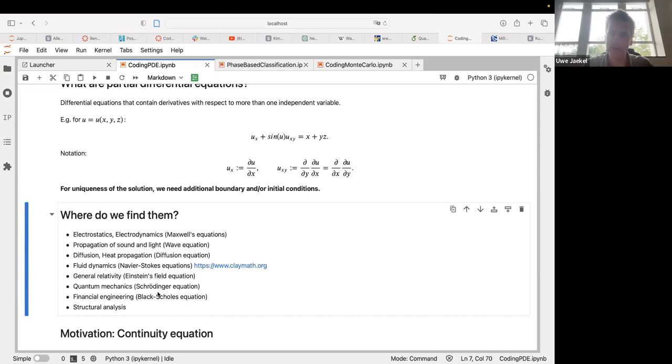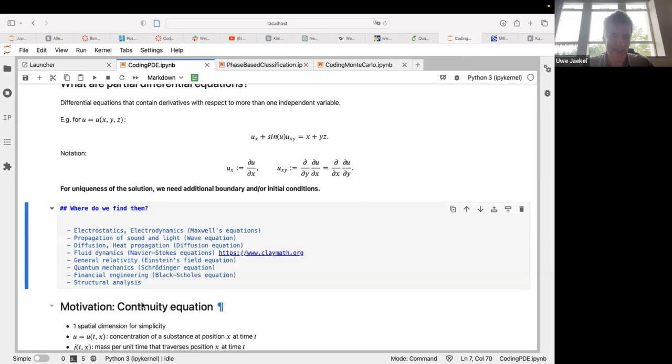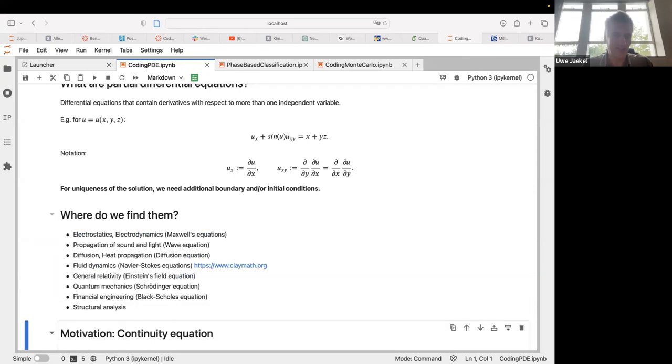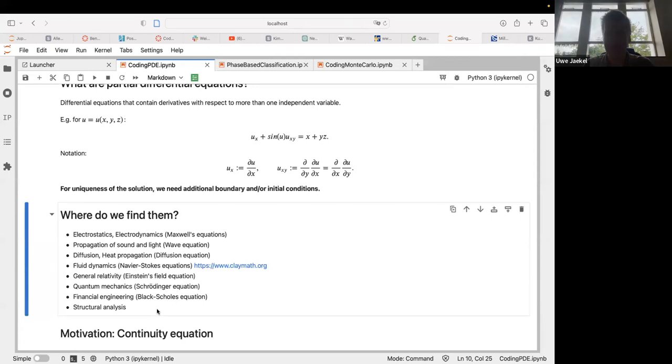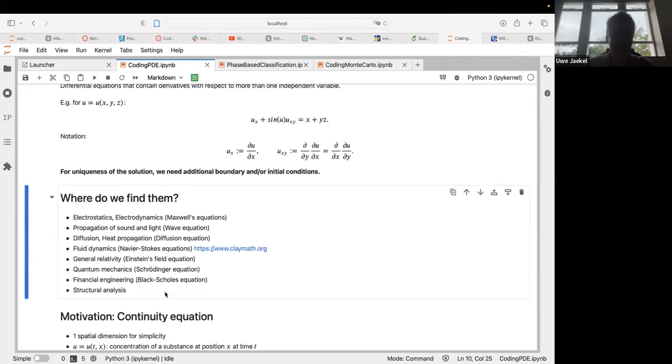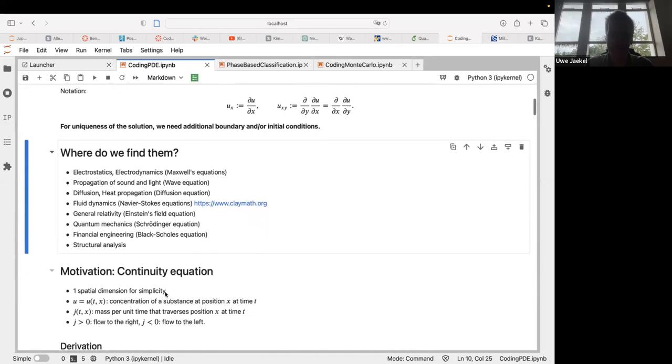But the underlying phenomena, or the mathematics, are very similar. And in civil engineering, you have structural analysis problems and flow transport problems. So in a way, it's a mixture of many of these fields, though not so much general relativity, but many of the other equations.